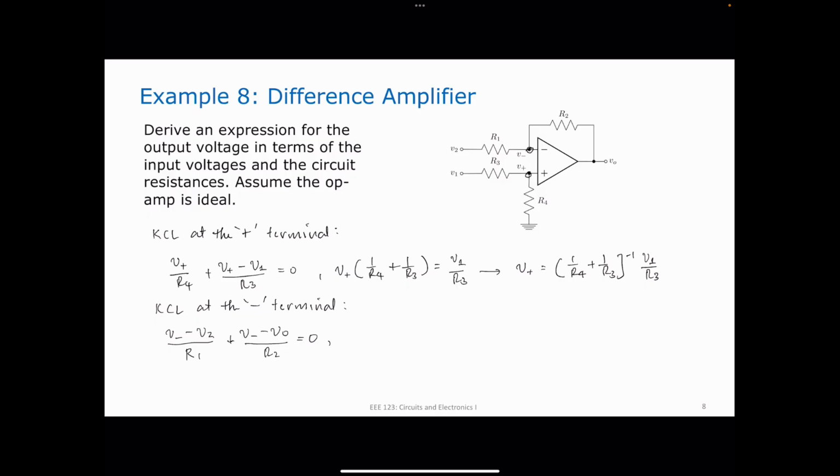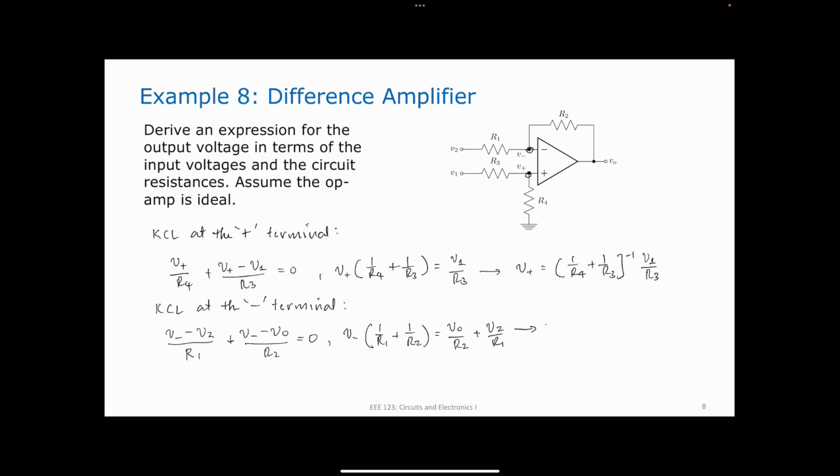So isolating V minus, I have V minus times (1 over R1 plus 1 over R2) is equal to V sub O over R2 plus V sub 2 over R1.